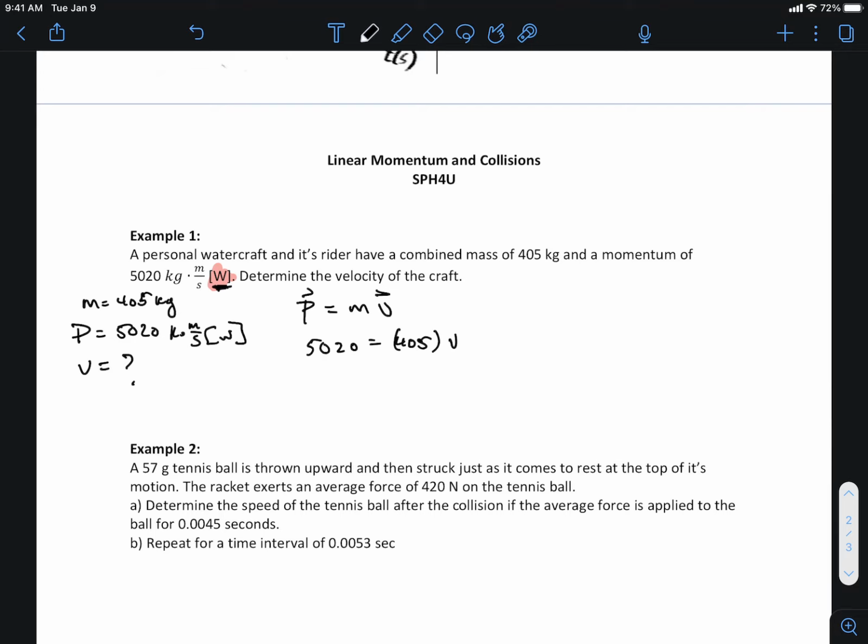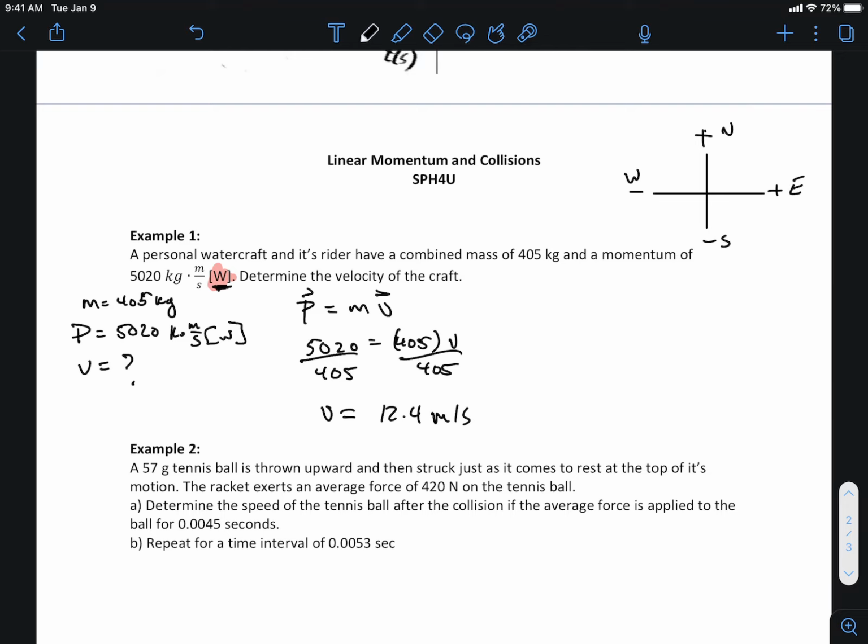So if you were to divide both sides by 405, you'd find the magnitude of the velocity would be 12.4 meters per second. And I suppose, now that we're getting into this, if you guys were to assign a coordinate system, as we normally should, and I did not, this would be north, east, south, and west.